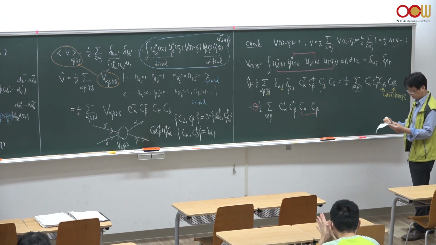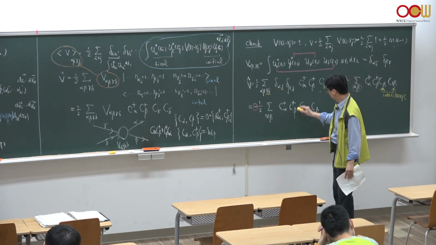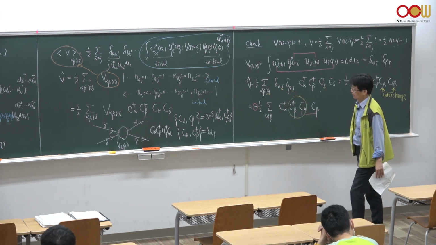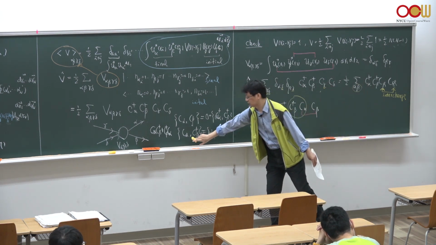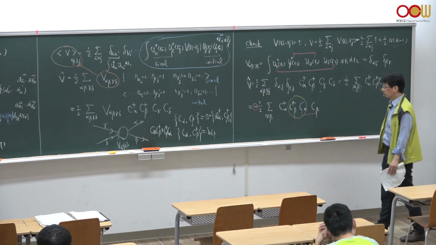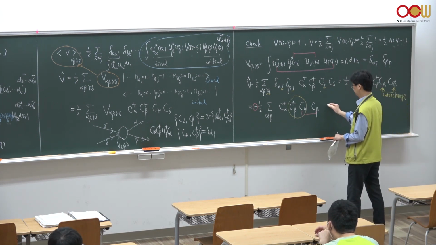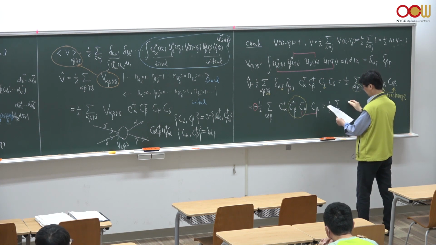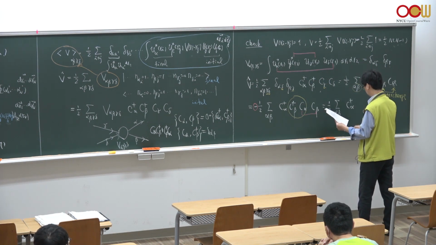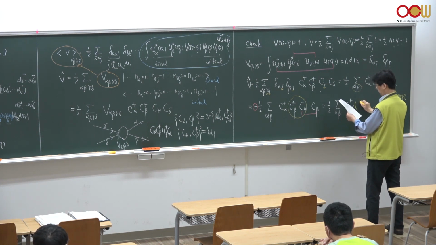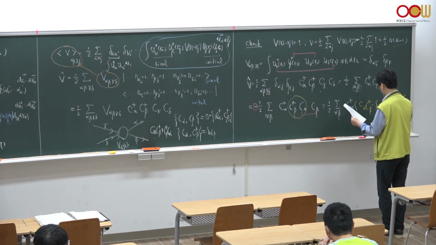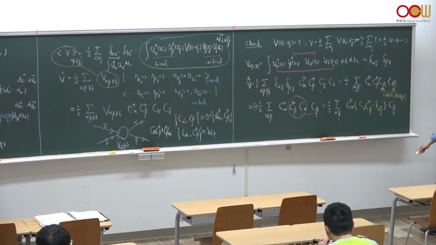So now let's replace the middle two operators by using the anti-commutation rules for C and C dagger. So this is given by C dagger alpha, C alpha C dagger beta, minus delta alpha beta, and C beta, right?